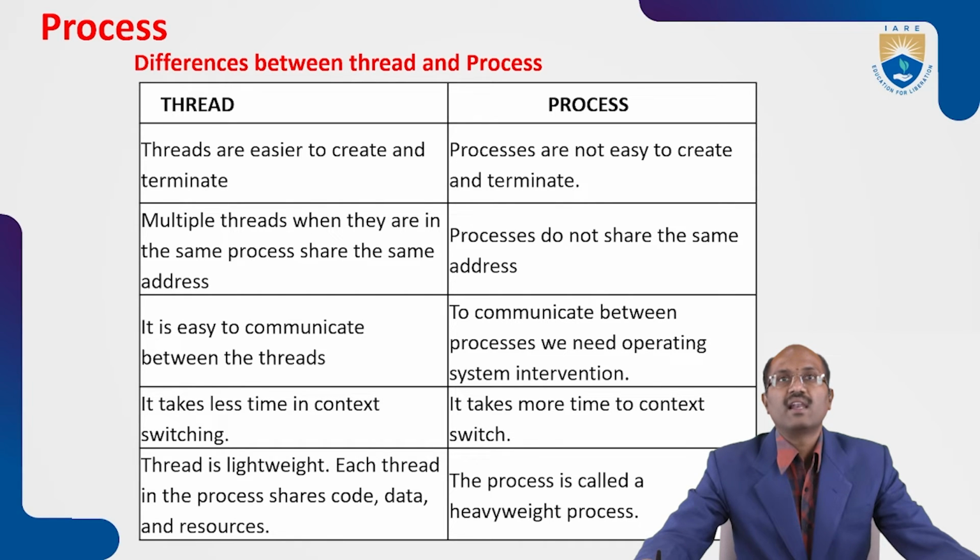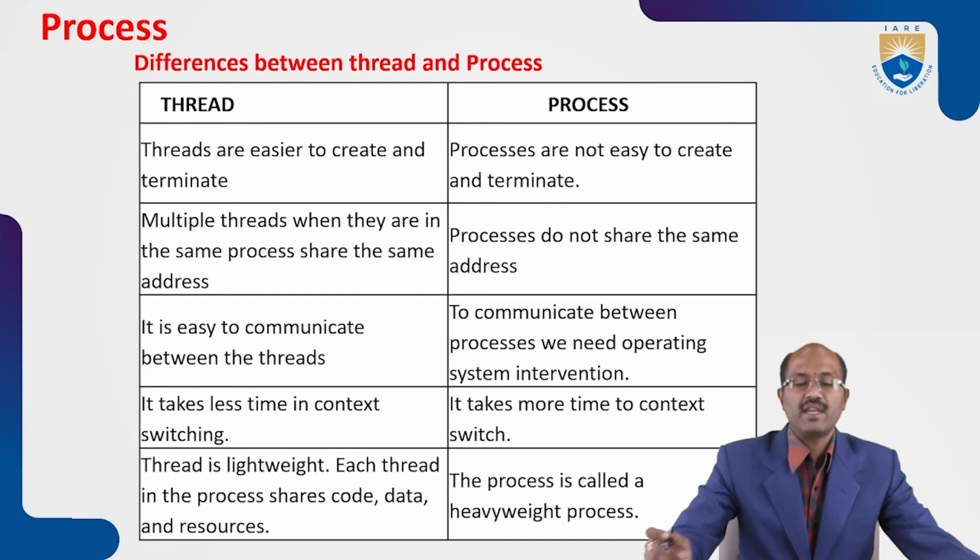A thread is a lightweight process. Each thread in the process shares the code section, data section, and resources. The process is heavyweight, but a thread is lightweight. So this is the main difference between process and thread.